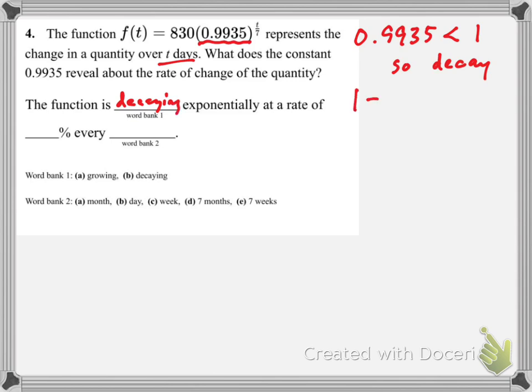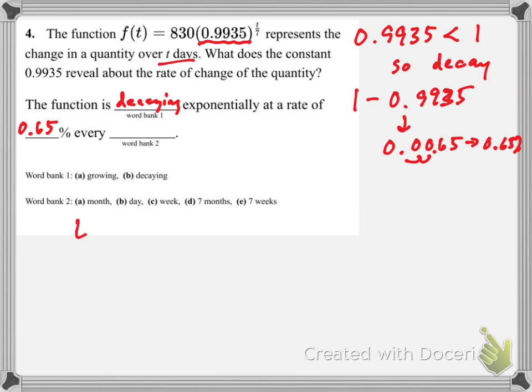So 1 minus 0.9935, use your calculator, would be 0.0065. Move your decimal point. So it's 0.65%. That's not a lot. Every what? Well, it's t days.